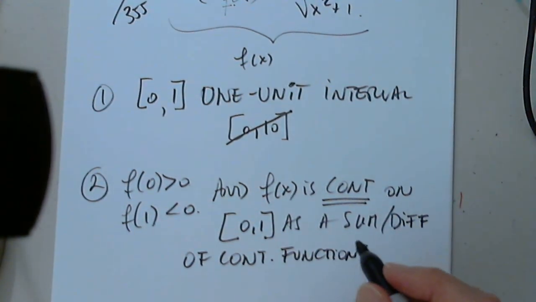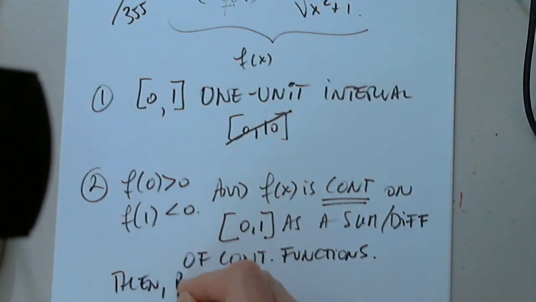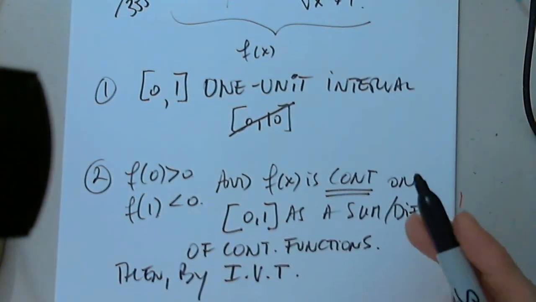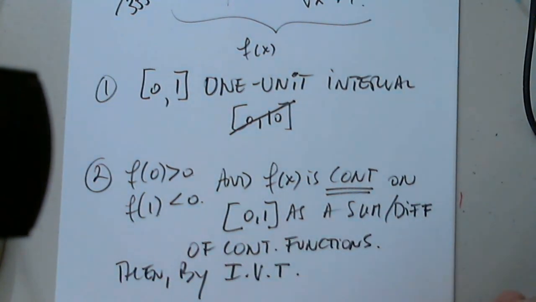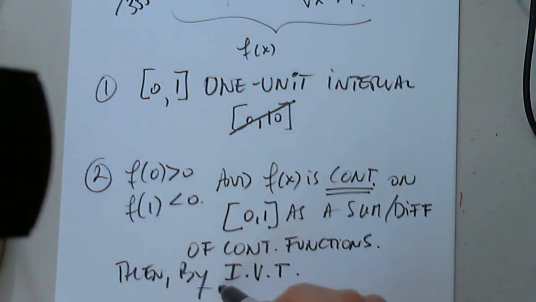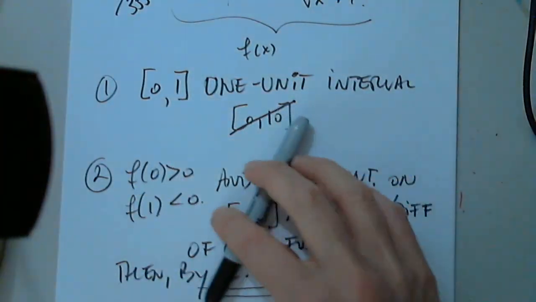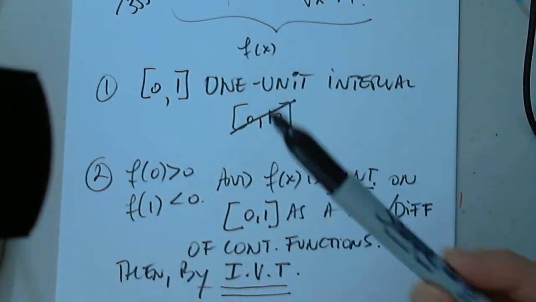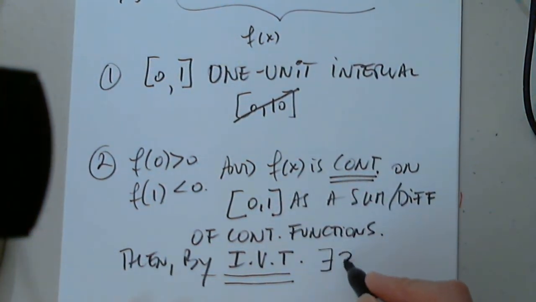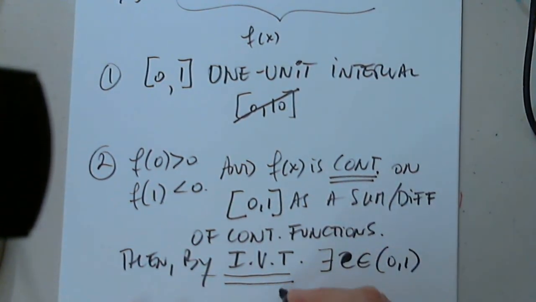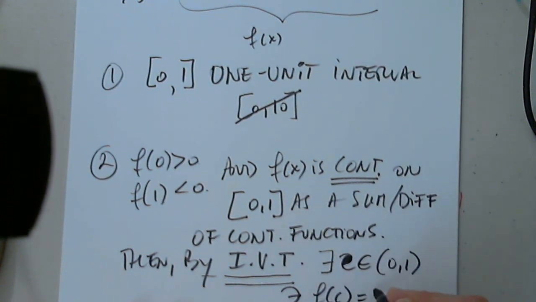Then by IVT, I have to state why and what I'm doing. This is possible only because the function is continuous, and this is based on the intermediate value theorem that says that if a function is continuous and it changes sign either this way or this way, there exists a c in the interval 0, 1 such that f of c is 0.